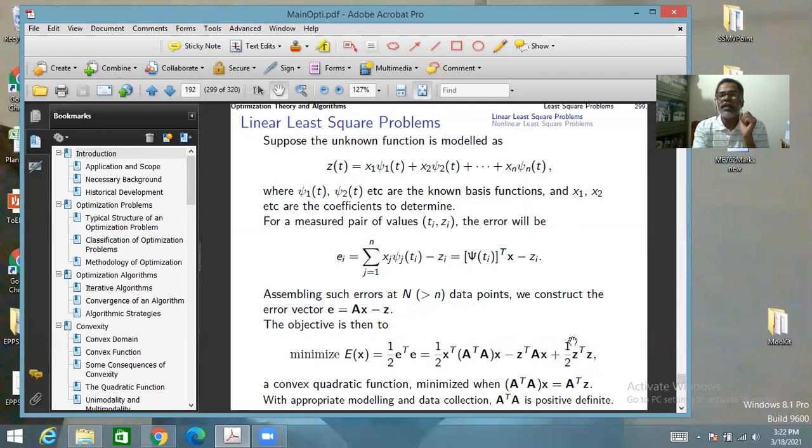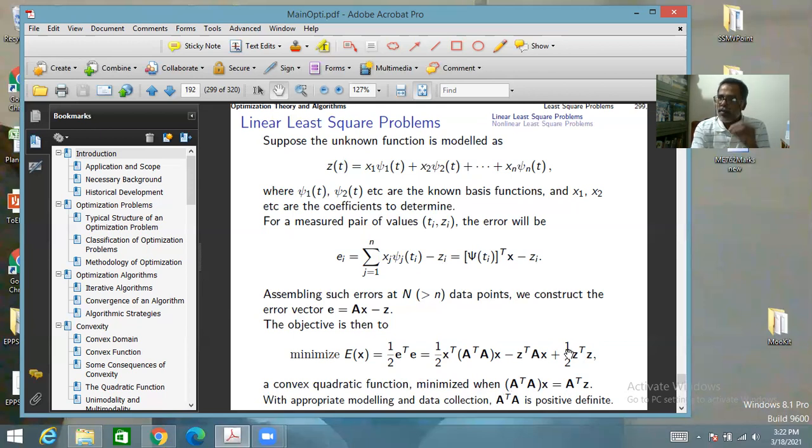If you differentiate it and set it equal to 0, you get A transpose A x minus A transpose z. That has to be 0. So you solve this linear system of equations, which you know, and that's the solution. That's x, that's the set of parameter values. After getting that, you work out this function value at the converged value of x.